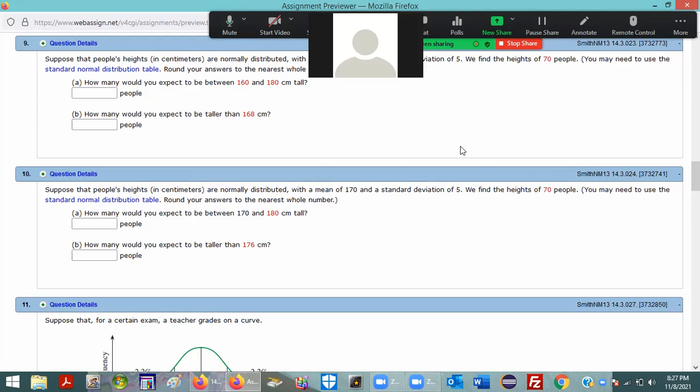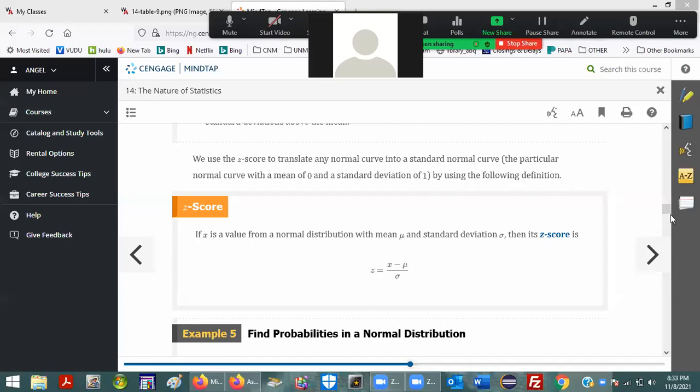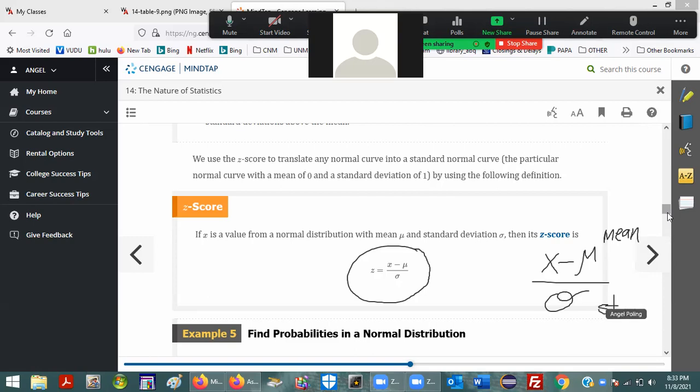Okay, so looking at the formula for the z-score, from section 14.3, the z-score is z equals x minus mu divided by sigma, where this is our point estimate minus the mean divided by the standard deviation.